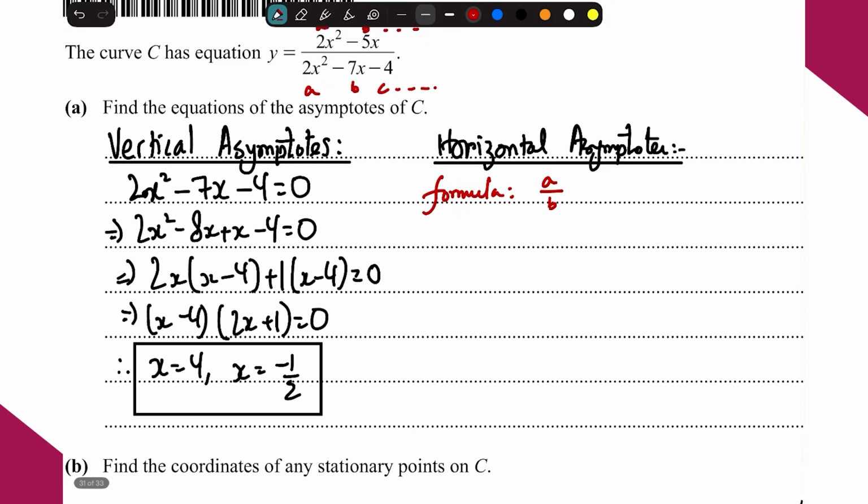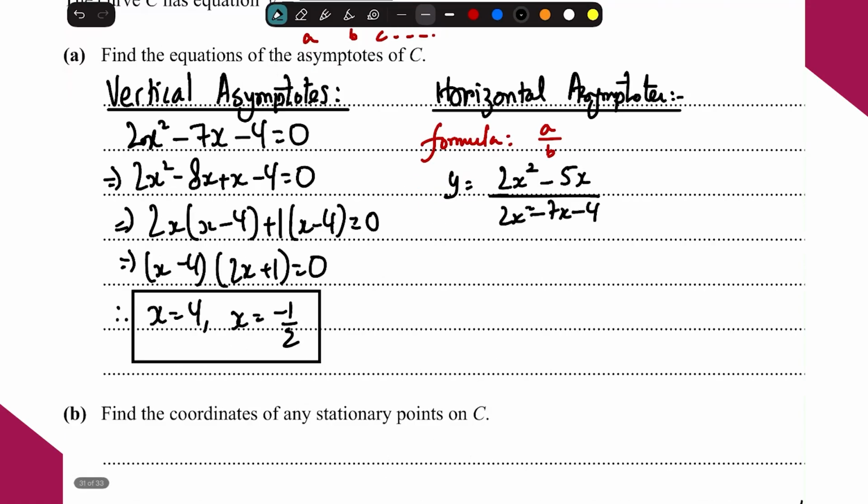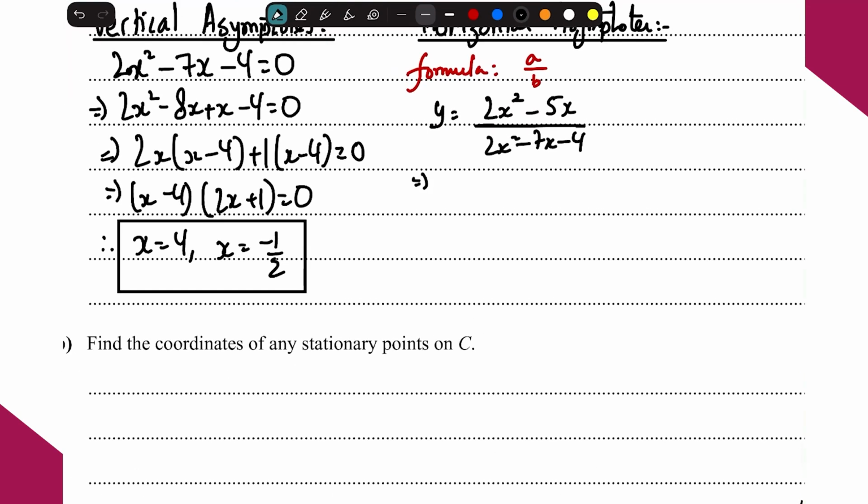But if you wanted to do it the traditional way, or use the logic behind it, it's kind of like using limits, but also not using limits. So I'm just going to show it to you. We take and divide both by the highest power of x in both the numerator and the denominator.